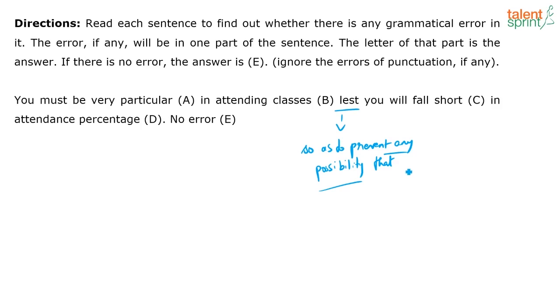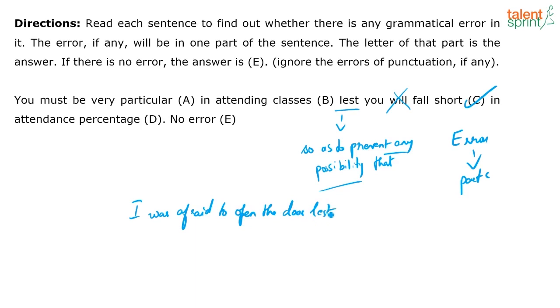But construction-wise, when you have lest, usually you don't have will following. The modal will is incorrect in terms of construction. The error is in part C, right? Usually lest is followed by should. For example, I can say, I was afraid to open the door lest he should follow me, right?